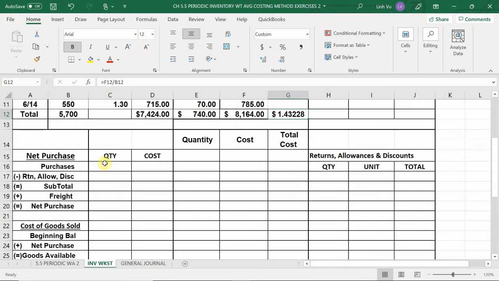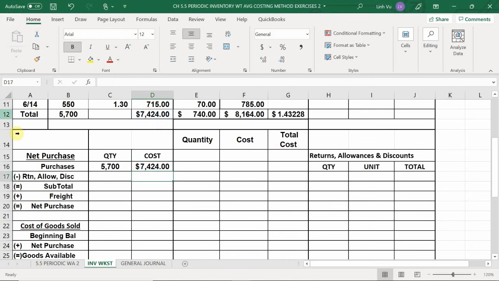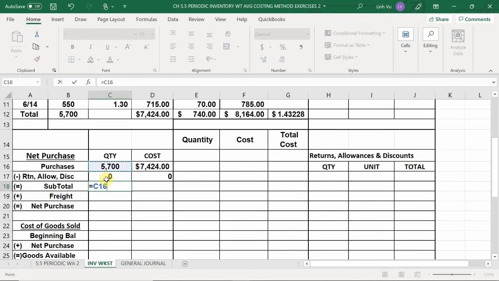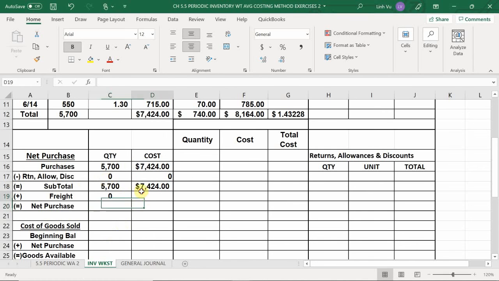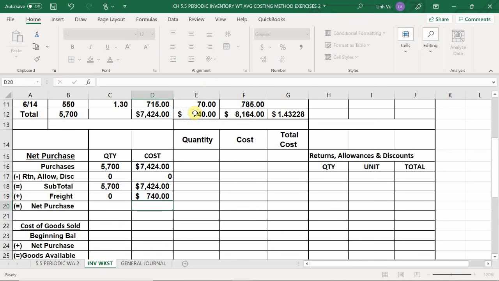So let's go ahead and plug in my answers here. So again, I have a total of 5,700 units at a total of 7,424, right? Assuming I have no returns and allowances, which we'll take a look at tomorrow. Okay. So therefore, I have that. Freight does not affect my quantity, but it affects my total cost.